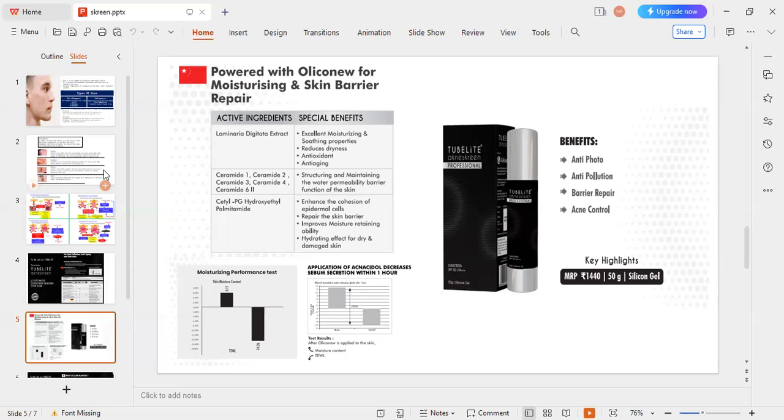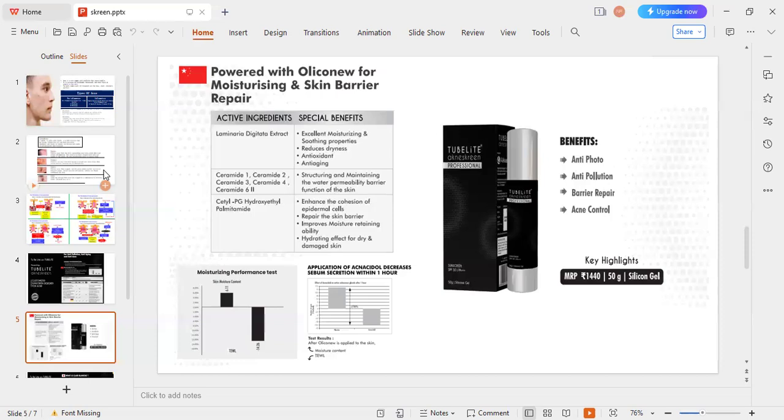It helps with excellent moisturizing and skin soothing. It reduces dryness and fights against free radicals. It becomes an antioxidant. It maintains the water permeability barrier function so that your skin does not get into a dry mode. Your skin will always have a smooth texture through excellent moisturizing. It always improves the moisture-retaining ability.